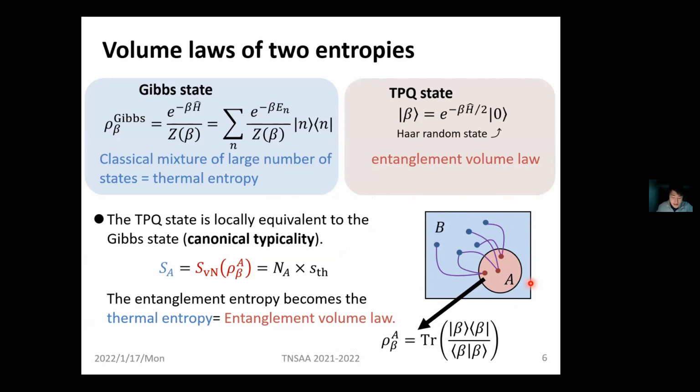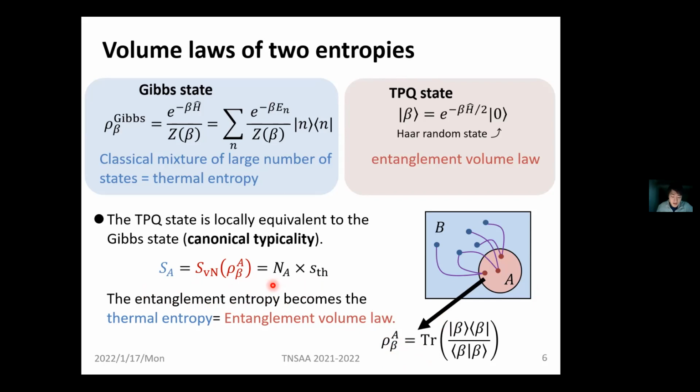In the TPQ state, if we trace out the degrees of freedom of B, we obtain a local density matrix rho A, and the entanglement entropy obtained from this local density matrix is equal to the thermal entropy of subsystem A, and is proportional to the size of A. Namely, it has a volume law entanglement.